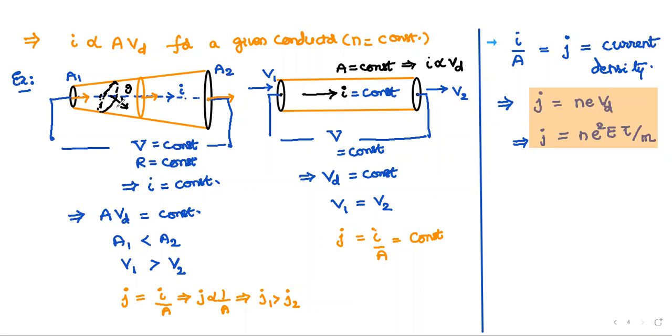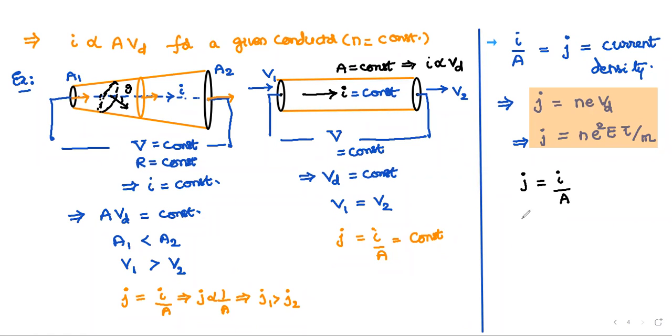Then at the same cross section, like this vertical cross section, if you know J, then J is current per unit area of cross section.